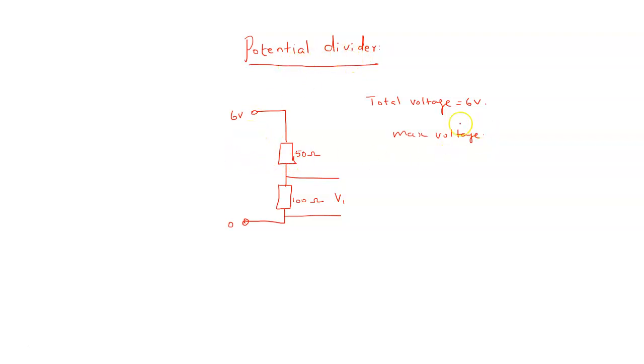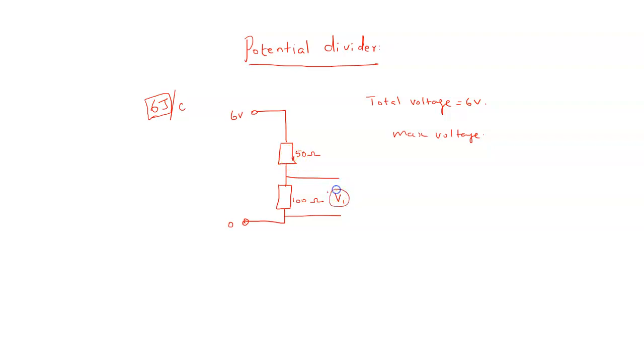The total energy available is 6 volts, 6 joules per coulomb. So 6 joules of energy is being transferred to move per coulomb of charge. That is the meaning of 6 volts. So this will be divided by these two resistors.